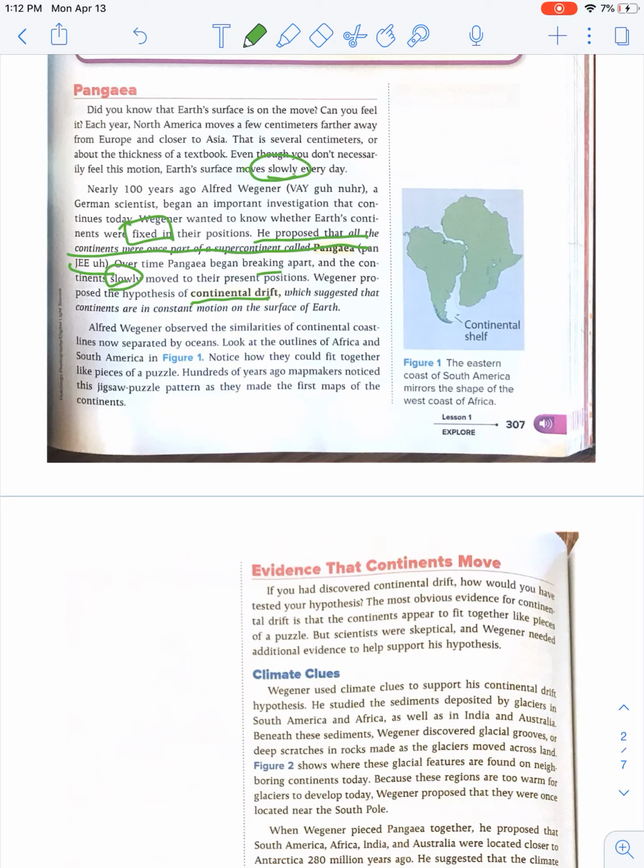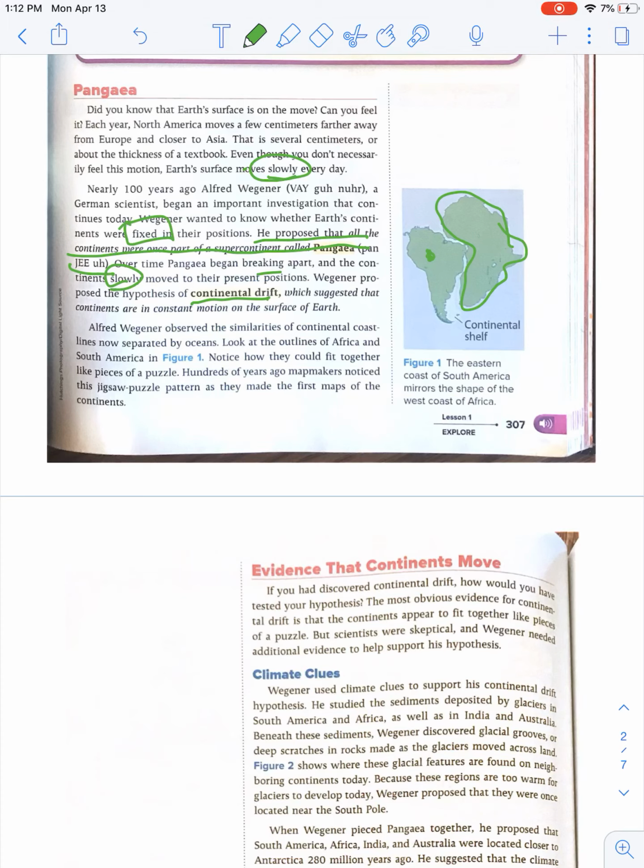Alfred Wegener observed the similarities of continental coastlines now separated by oceans. Look at the outlines of Africa. Here's Africa. I'm wrong, this is Africa. I guess that's from too little sleep.